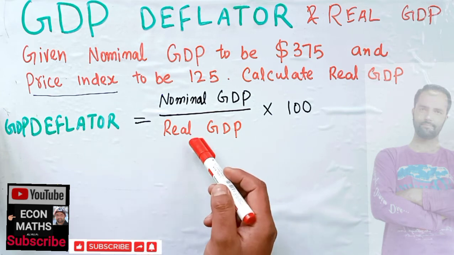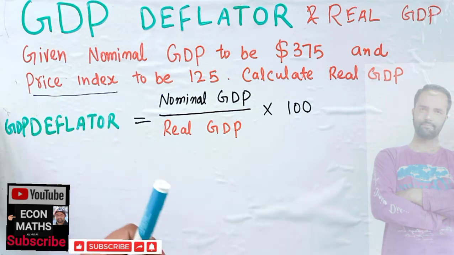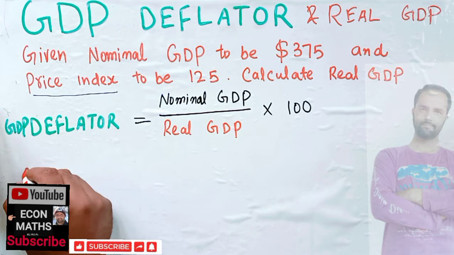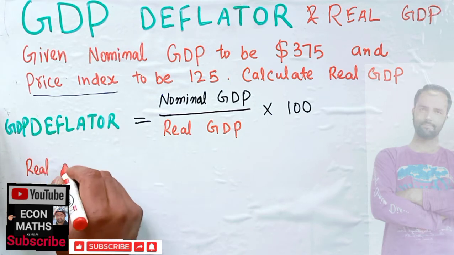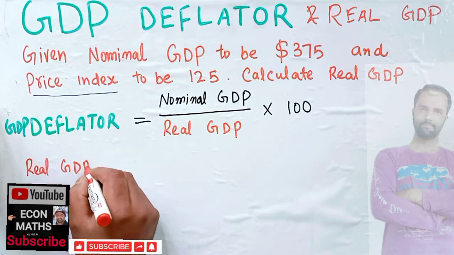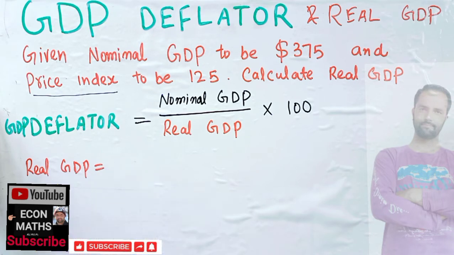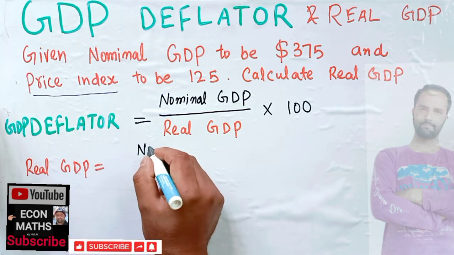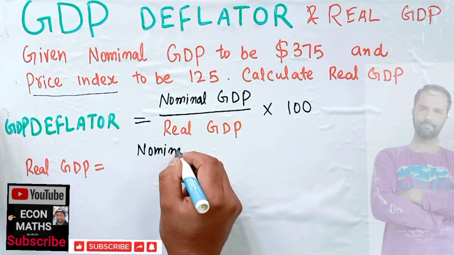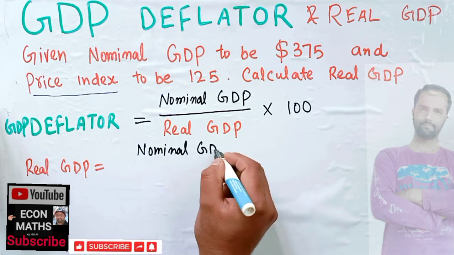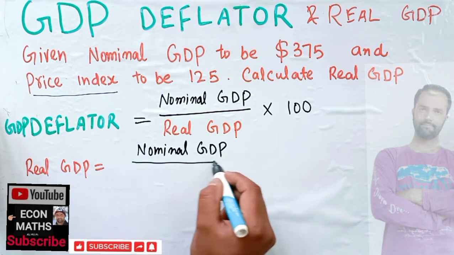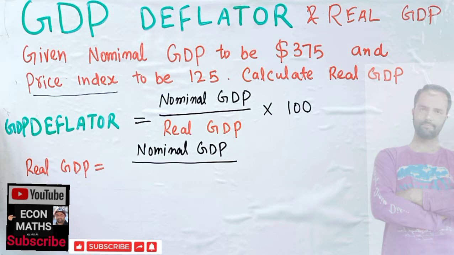Okay, so just transpose this term here and this term here. That means our real GDP will be, real GDP is equal to nominal GDP upon GDP deflator.